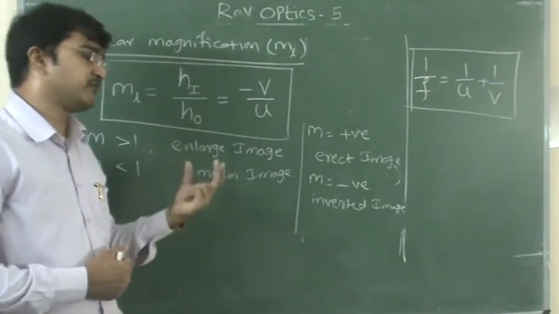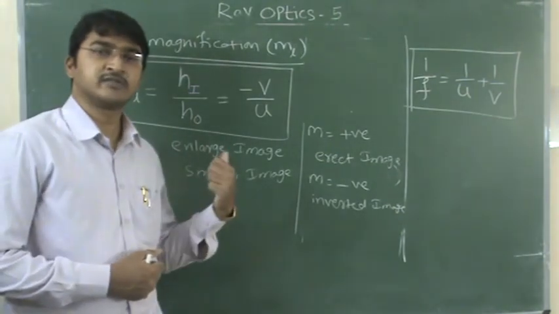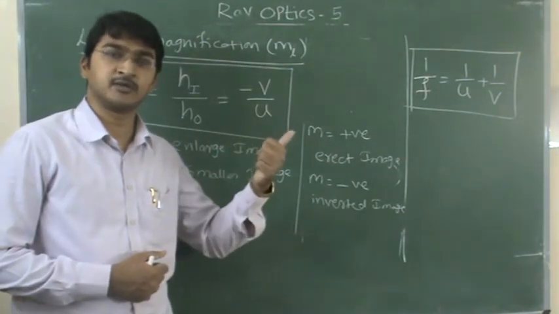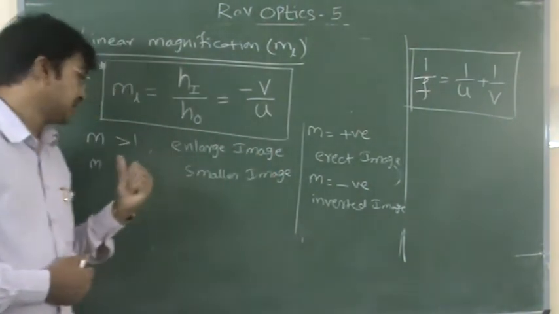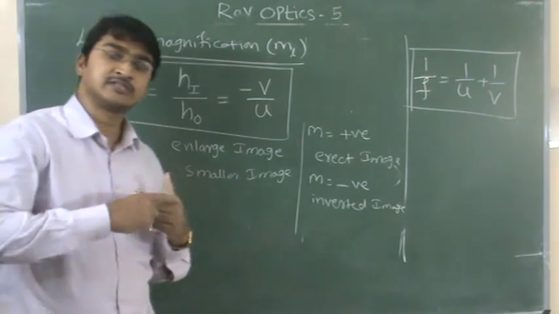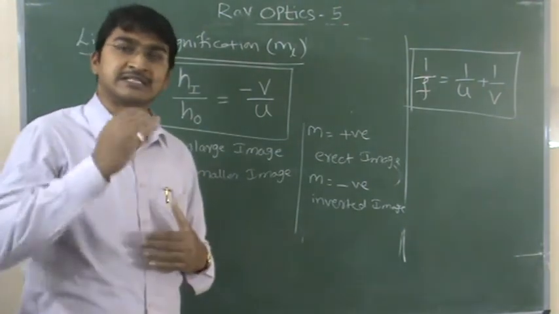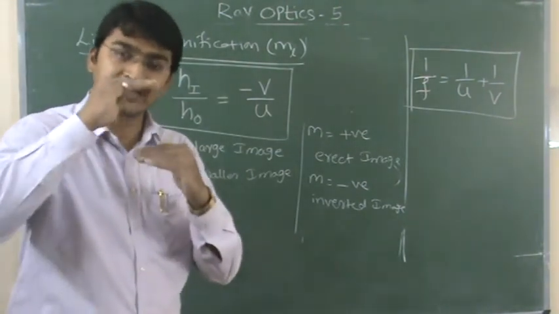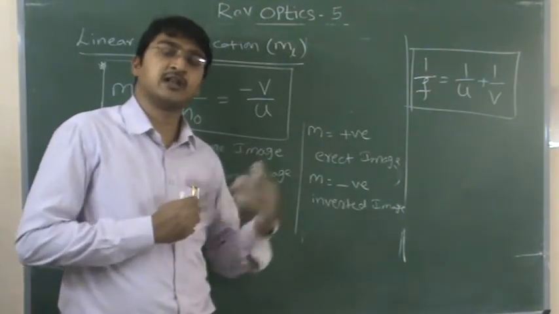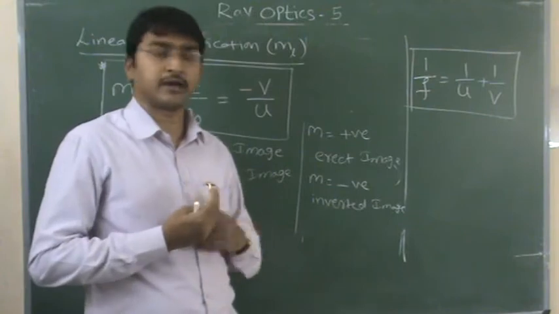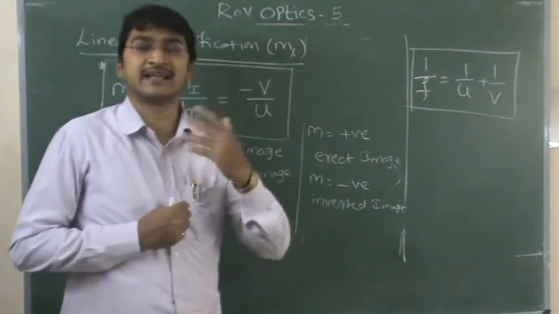It's very important for competitive exams also. So m is the ratio between the size of the image to the size of the object, nothing but minus v by u. If m is greater than 1, you will see the enlarged image. If m is less than 1, you will see the smaller or diminished image. If magnification value is positive, you will see the erect image.